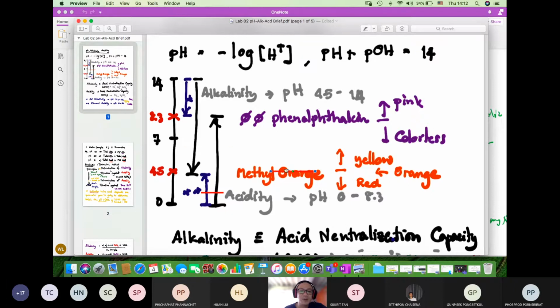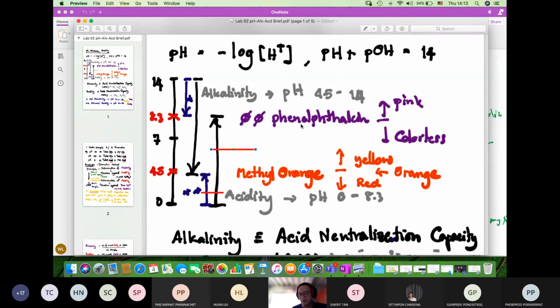The pH scale ranges from 0 to 14, and there are two markers at pH 4.5 and pH 8.3. At pH 4.5, the marker that we use is the methyl orange indicator, and at pH 8.3, the marker that we use is the phenolphthalein indicator.